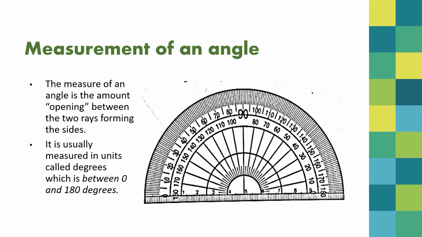So it has 2 sets of scales: the outer scale that goes clockwise from 0 to 180 degrees, and the inner scale that goes counterclockwise from 0 to 180 degrees. The scale to be used depends on where you place the side of the angle that you are measuring.